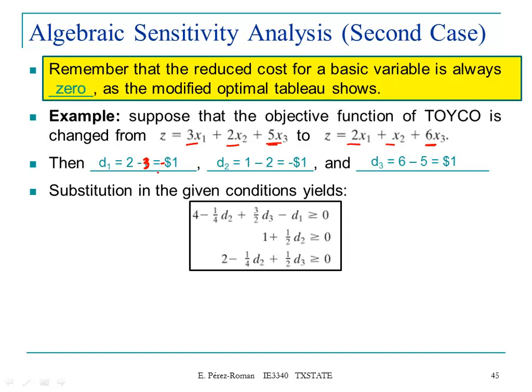That should be minus 1. Substitution in the given conditions yields the following. So, write that down here.